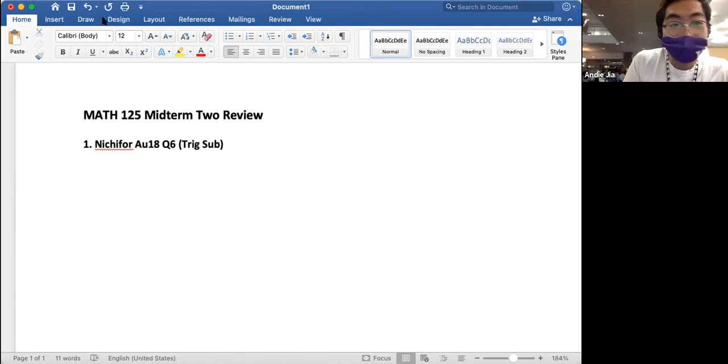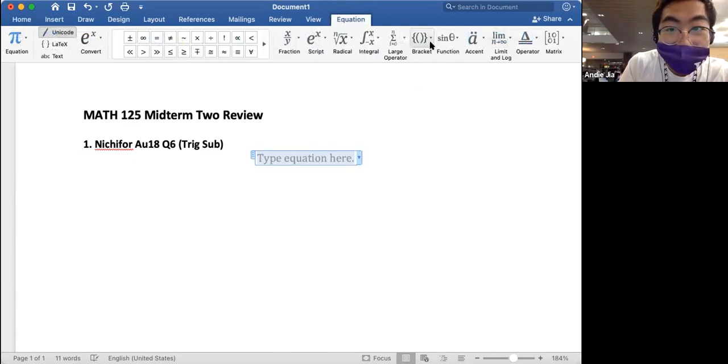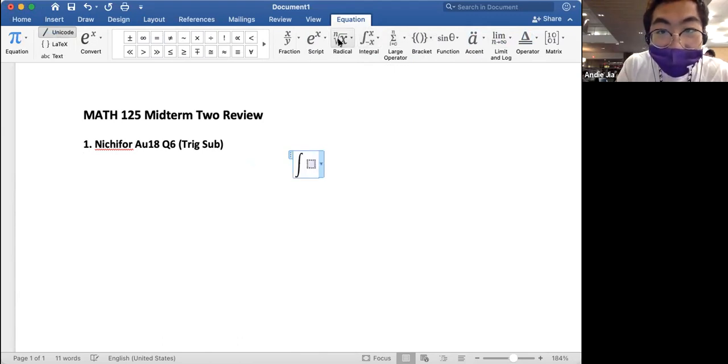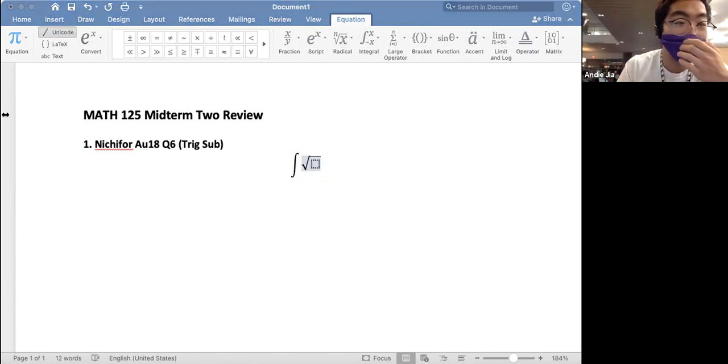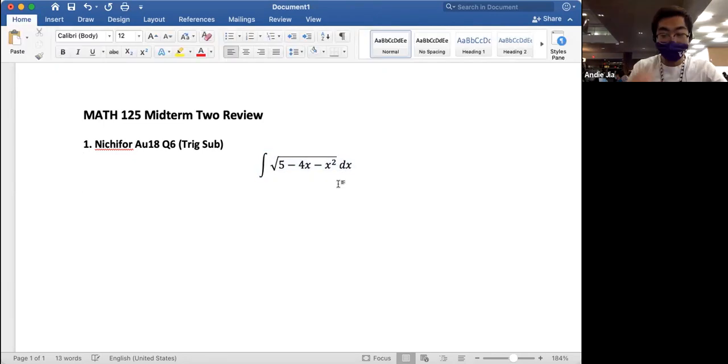Yep. So we have this integral: the integral of 1 over the square root of 5 minus 4x minus x squared, dx.